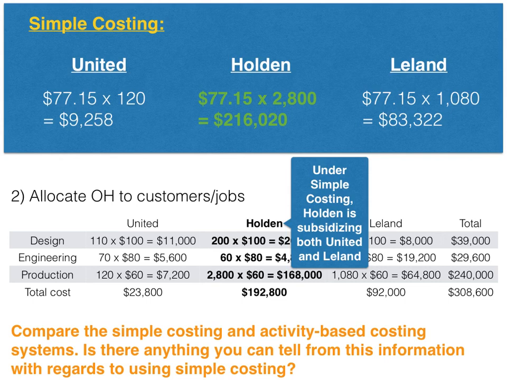And what will happen under simple costing, if that customer decides to leave, is we're going to be losing money. Well, we're still losing money on United and Leland under simple costing because we're probably undercharging them what we should be charging. And therefore, we're going to be losing a lot of money if Holden leaves because they are subsidizing Leland and United.